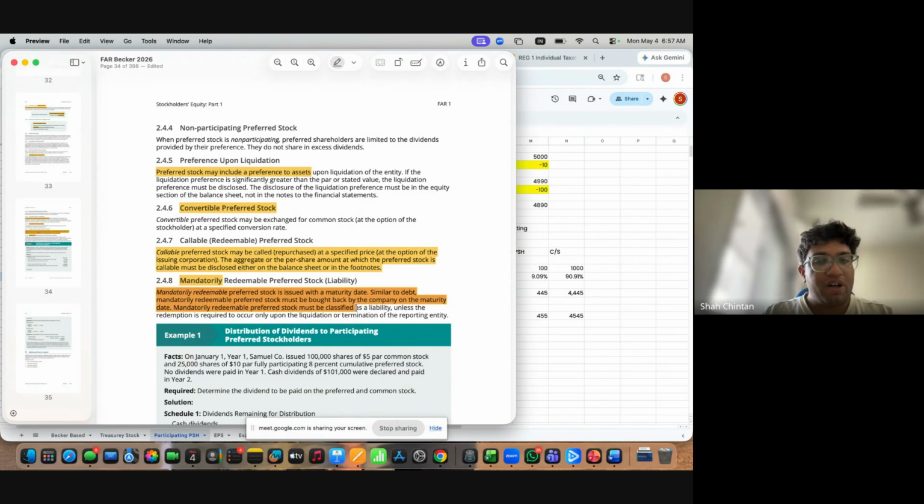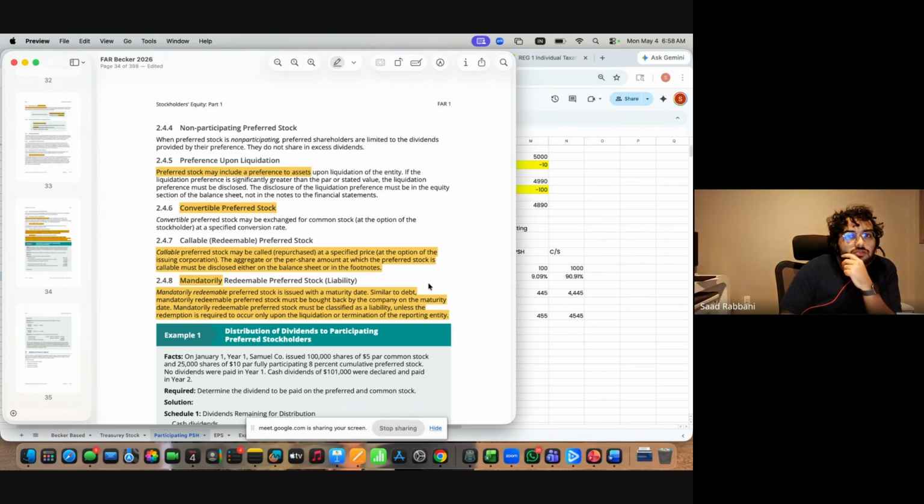And because of this particular feature, mandatorily redeemable preference stock must be classified as a liability unless the redemption is required only in the event of dissolution of the company. डिसोल्यूशन होगा तो definitely आप सब कुछ चीज वापस करोगे, common shares को, preference shares को, सबको. लेकिन other than the liquidation of the company, if a preference stock has to be redeemed because of a legal agreement on a particular date, then it is called a mandatorily redeemable preference share and has to be shown as a liability. Very, very small concept, but an important concept.